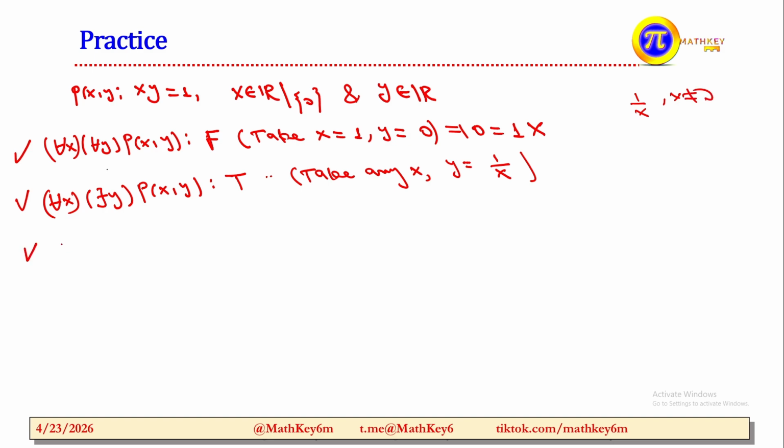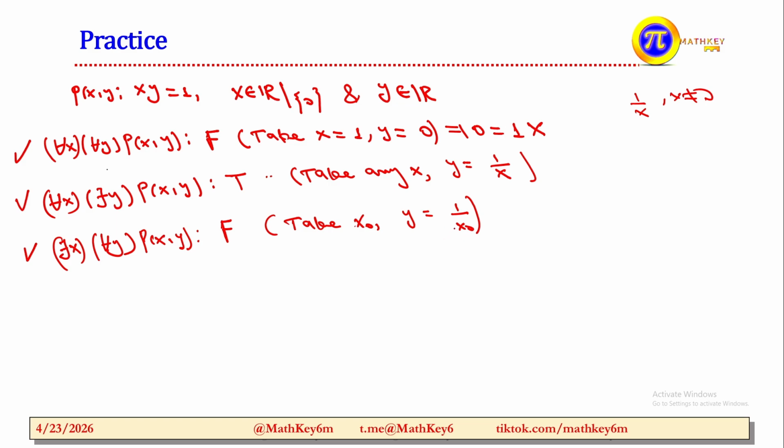Next one says there exists at least one x for all y, P of xy. Is it true or false? It is false. You can take a fixed x, that is x naught. Then y is equal to 1 over x naught. It must work for all y, but it doesn't work.